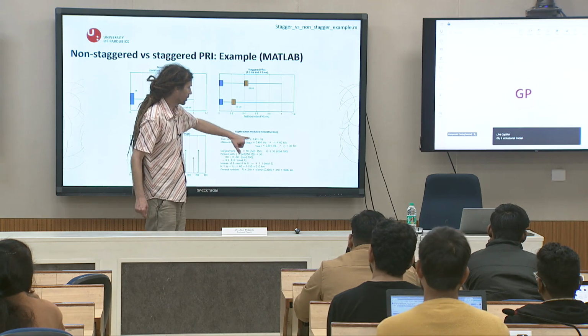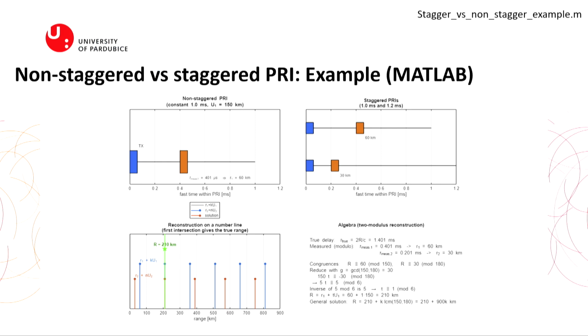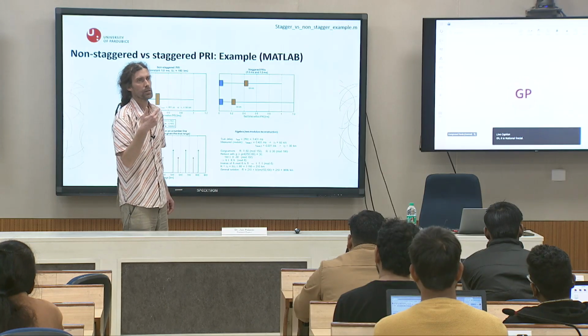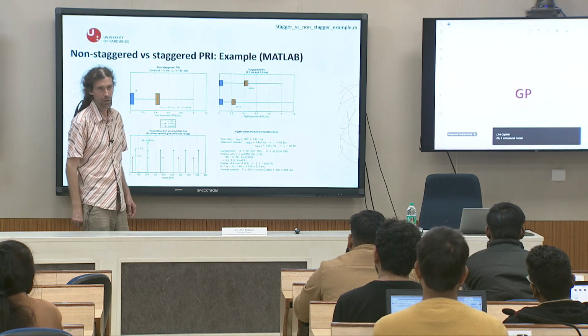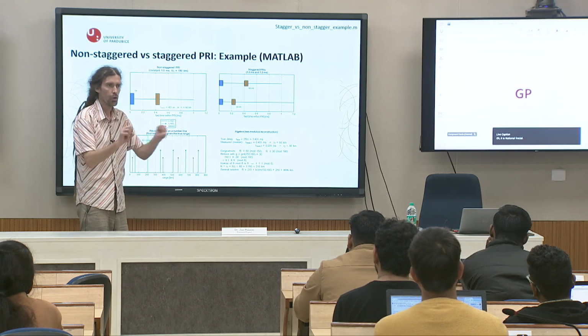So you will see the true delay, it is exactly the right value. You will see what the modulo measurement delays and corresponding distance are, and how the solution is solved and what the result is. So it is like this. It is 3 scripts, 2 for visualization, 1 for computation, and you could put almost any values.